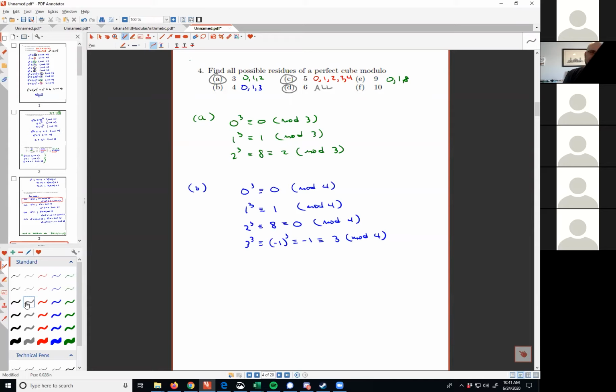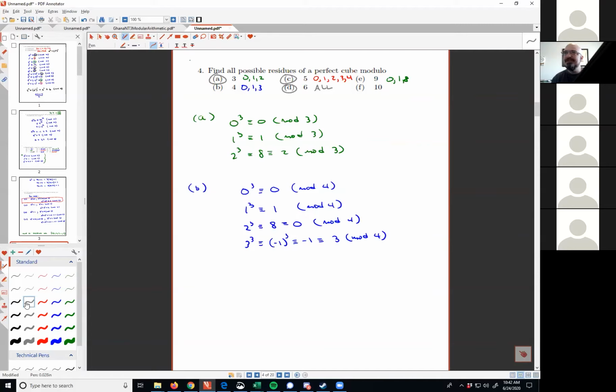Zero, 1, 2, 7, 8, and 9. I think we get more than that. Zero, 1, 5, 6, 7, 8. We get even more than that. I think it's 0, 1, 2, 4, 5, 6, 7, 8, and 9.